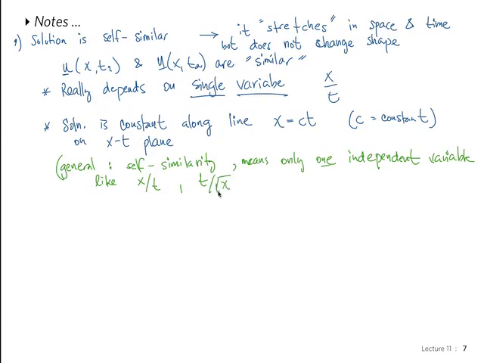This is typical in boundary layers. It doesn't matter; it's some combination of the two independent variables. If you combine them in a certain way, you can do a change of variable, say call eta equals t over square root of x, and you can do a change of variables in your system, and it becomes a system of one variable. This is what it means to stretch in space and time. I can make a change of variable, and it will always look the same in this new reference system.